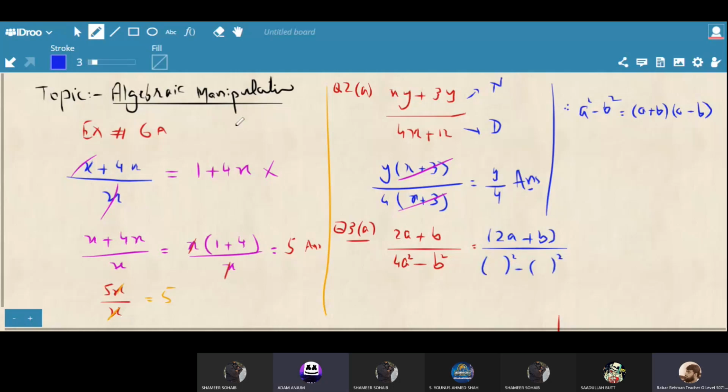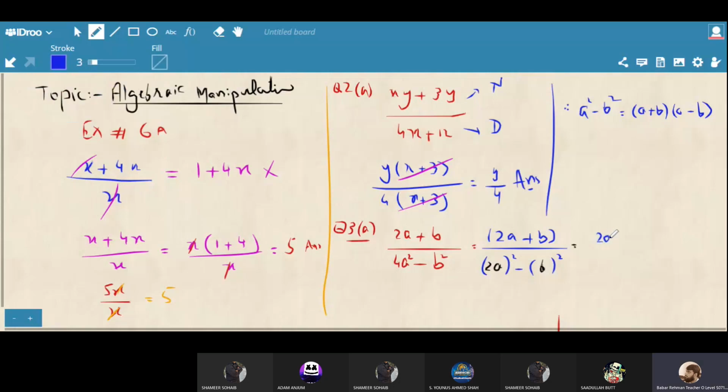Which number's square is 4a square? Can you tell me? 2a. The square of 2a is 4a square. And what is the square of b? It will be b. Now apply this formula.